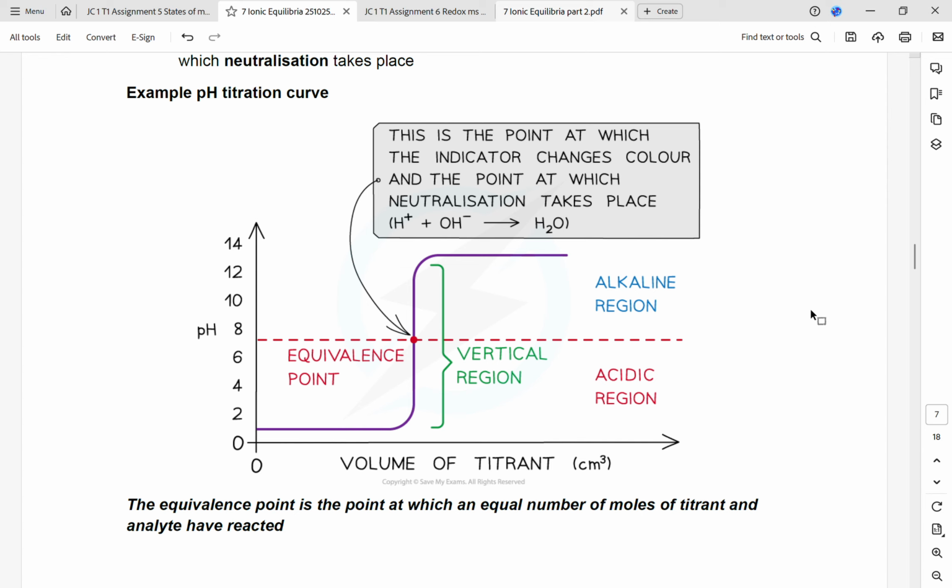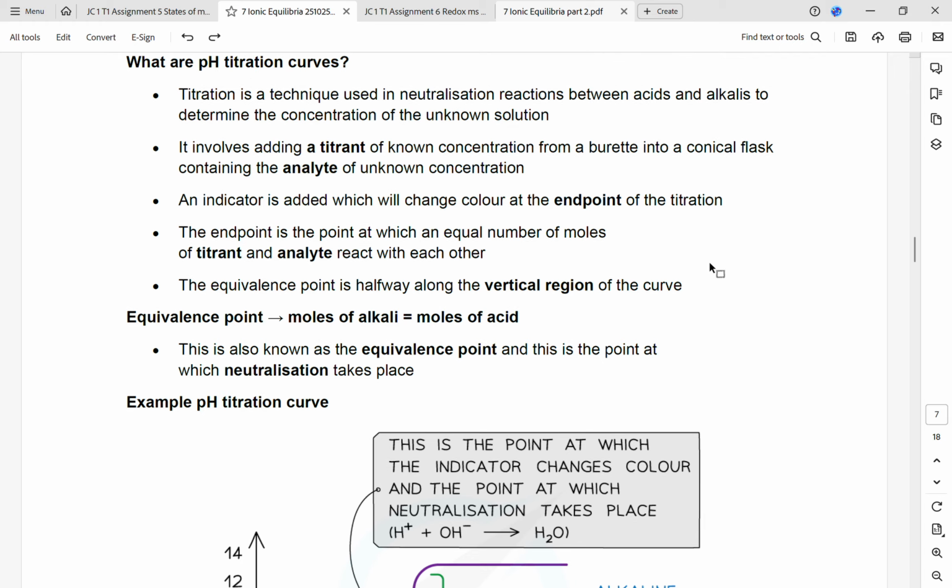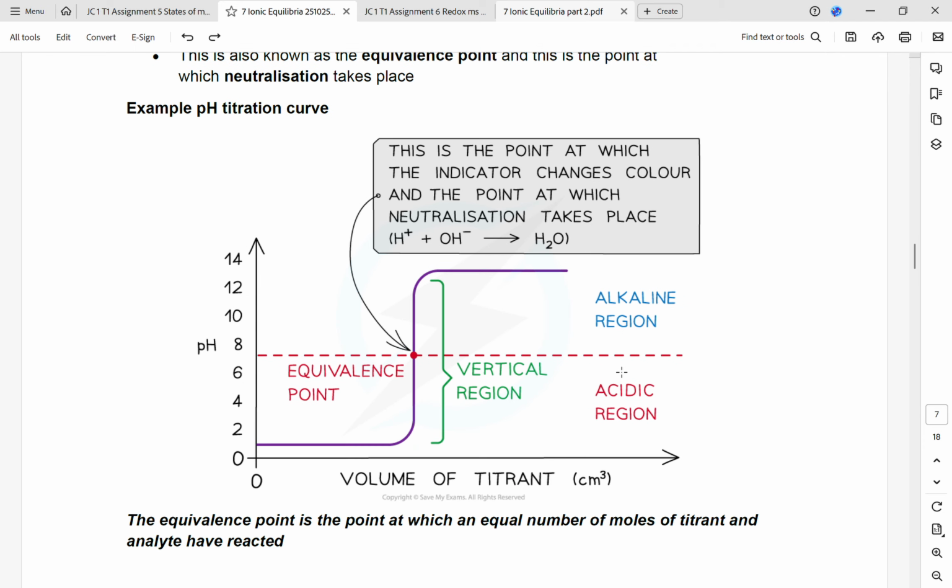So you plot pH over volume of titrant used. pH you measure using a pH meter. But in the written exam, you are not doing the titration yourself. So this is how you do it.